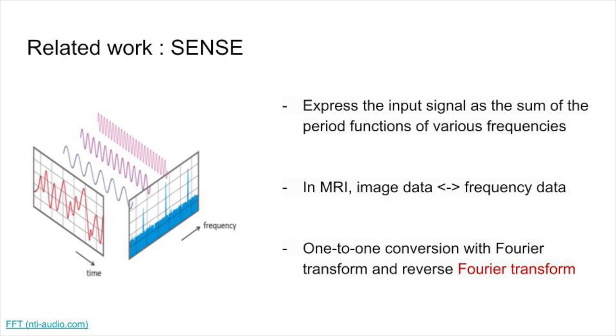Although we will not elaborate on this concept, we will understand that the application in MRI is a one-to-one transformation that converts from spatio-temporal images to frequency signals through Fourier transforms and finds the upside process through inverse Fourier transform.